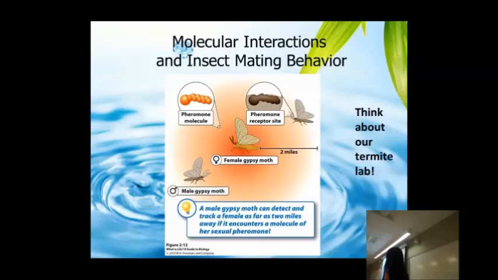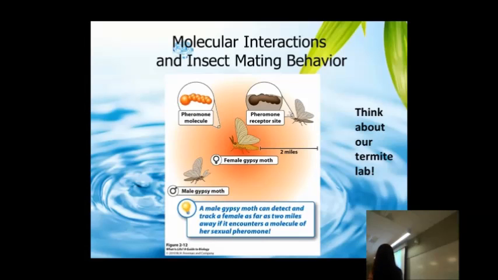In talking about another way that molecules interact with one another, you've all been through the termite lab by now, so you've seen how pheromones work. We may have a male moth and a female moth, and this female moth is putting out these pheromone molecules, and this male gypsy moth says, oh, I detect those molecules, and so I'm going to go find that female wherever she is.